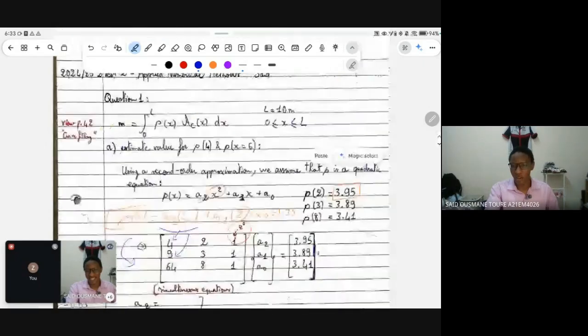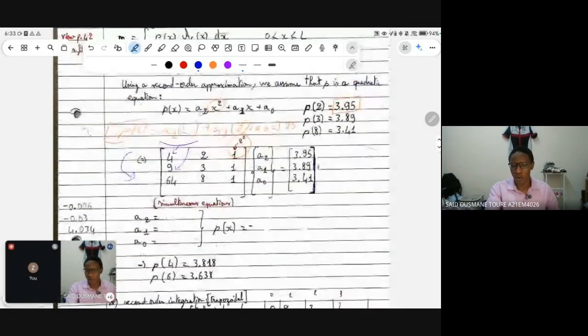Okay. Should I write it down, or do you already know how to write it down? I said you have this matrix. I already showed how we got the first equation: A2 times 2 squared. You substitute this x here, and we already have the value. We have one equation for this first line.